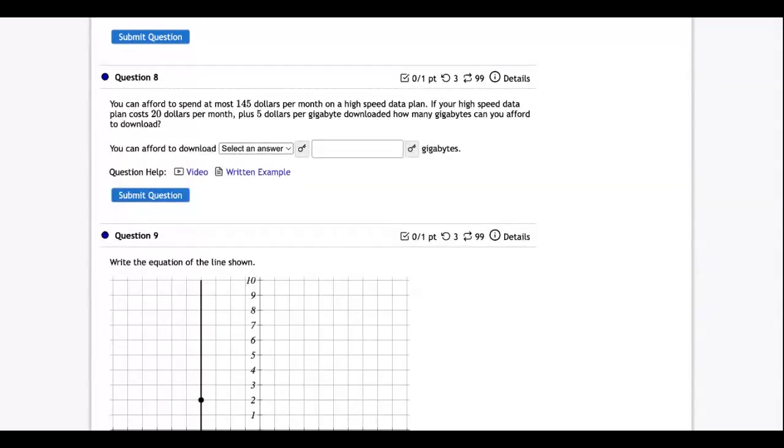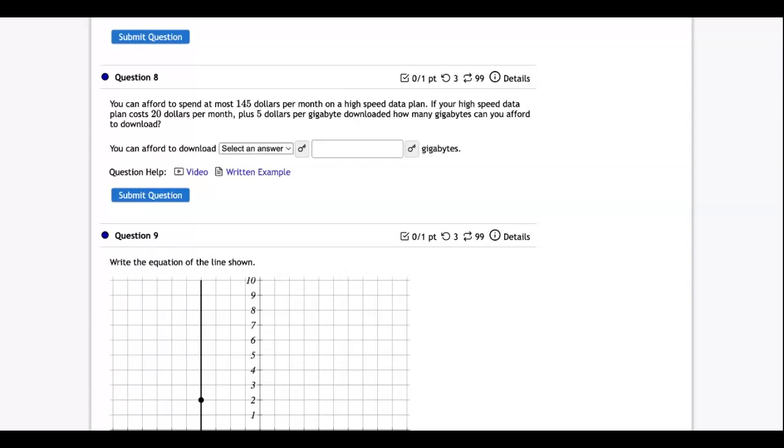I know the 145 would be on the right side of the inequality symbol, and less than or equal to, then the $20, it would be 20 plus 5.